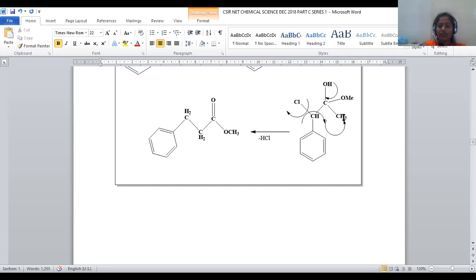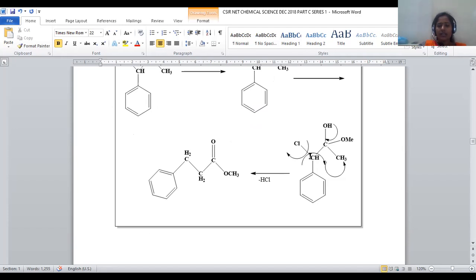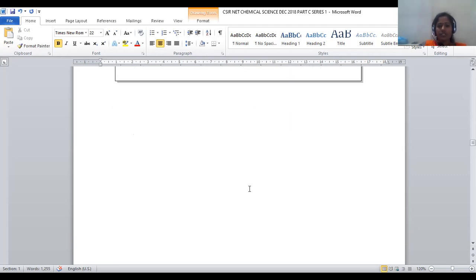Now this entire group is shifted towards this side, so that it will be converted into a terminal CH2Ph moiety. So now we got methyl 3-phenyl propanoate as the final product by taking this 1-chloro-1-phenyl propanone and treating it with sodium methoxide. Here the deciding factor will be the shifting of this aryl group from this tertiary carbon to the primary carbon. It is possible.